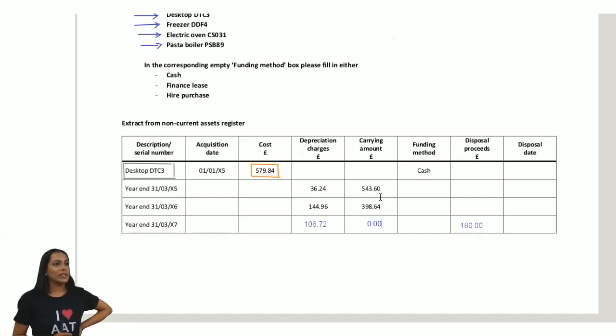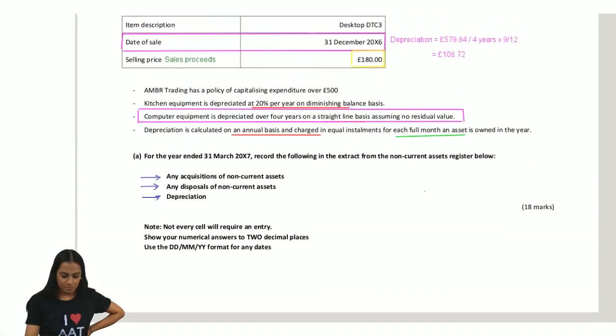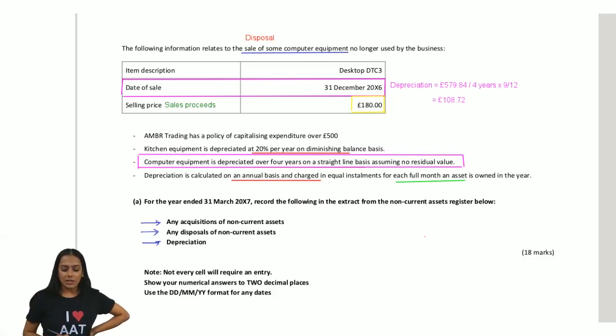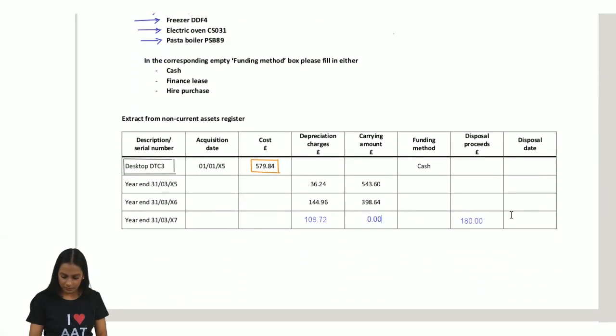Now finally, we need to include the disposal date. If I scroll back up to help me remember, the disposal date was the 31st of December 2016, and we need to enter the date, month, year format. So the 31st of December 2016 is going to be 31/12/16.